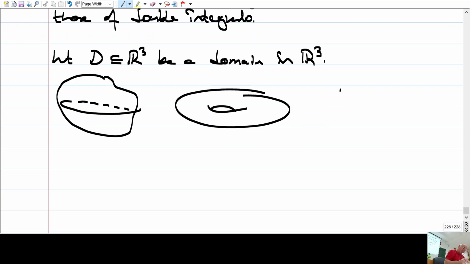In the Cartesian coordinates, we have x, y, z, and we have a volume element, namely this kind of stuff.